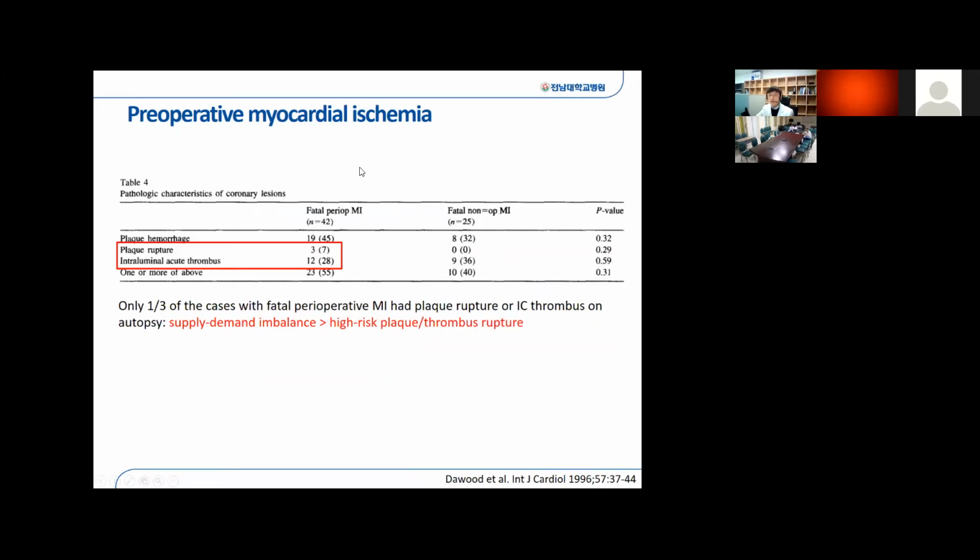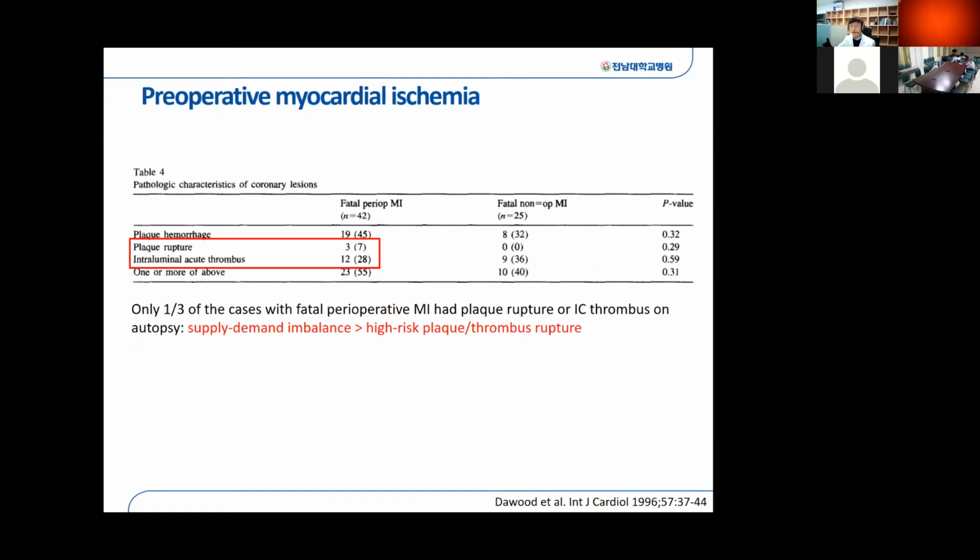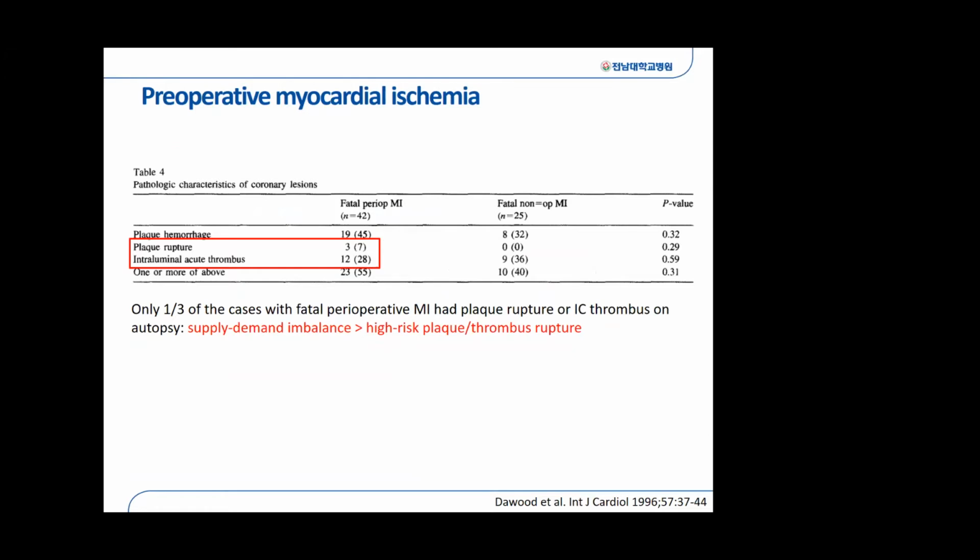It is considered that perioperative myocardial infarction does not result from high-risk plaque or thrombus rupture, but from supply-demand imbalance.